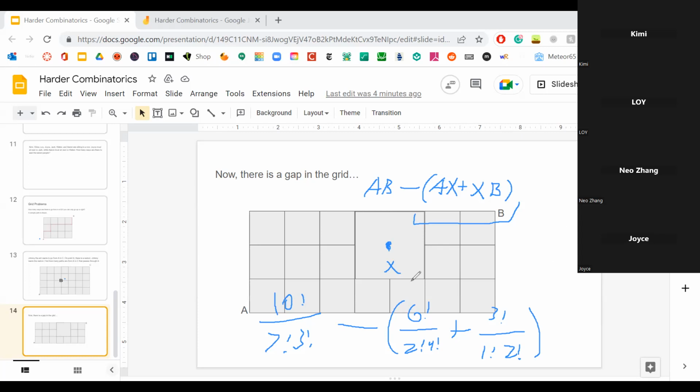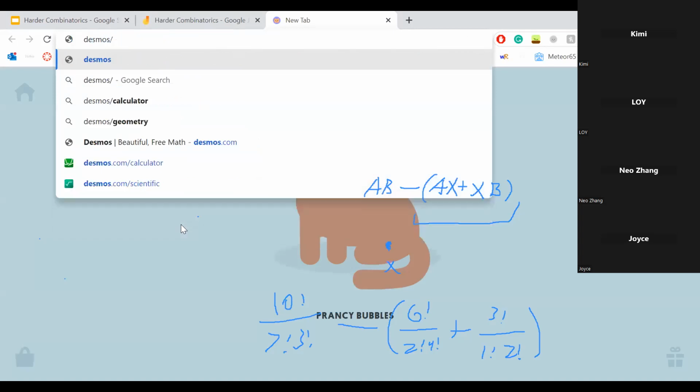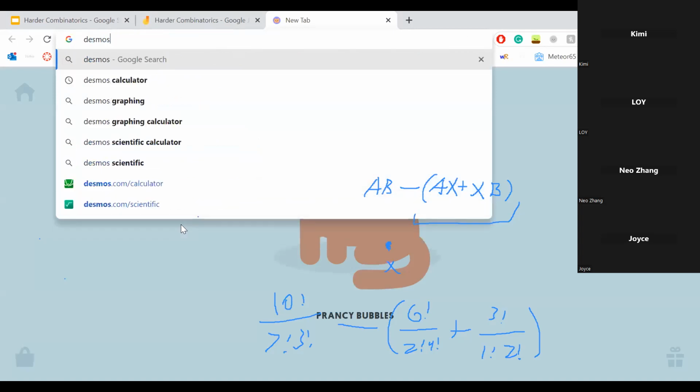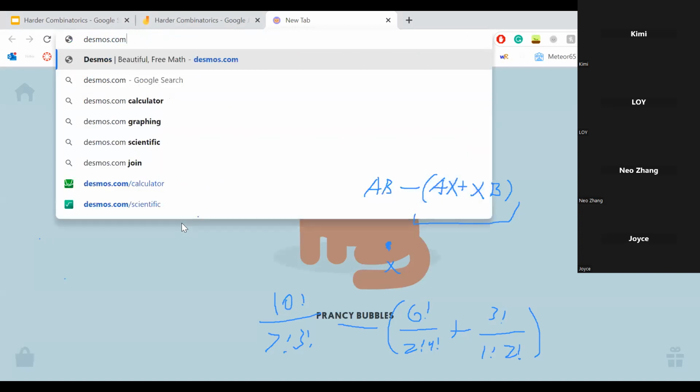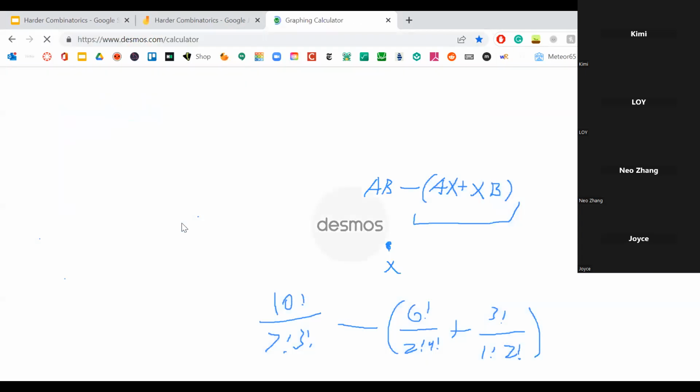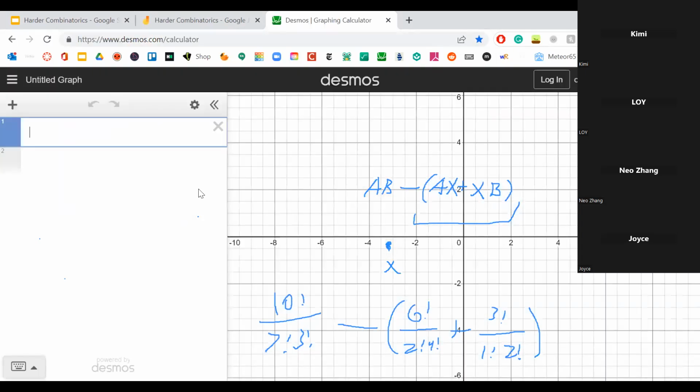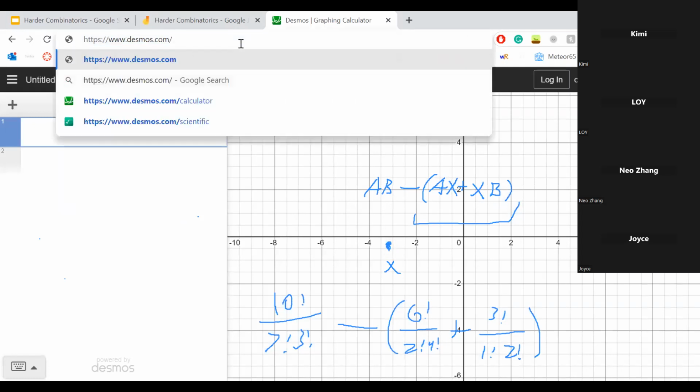All right, Kimi, let's calculate this. Okay. You can do this by hand, but I'm just gonna use the calculator. Oh wait, I'm on the wrong calculator. You're in the right calculator.